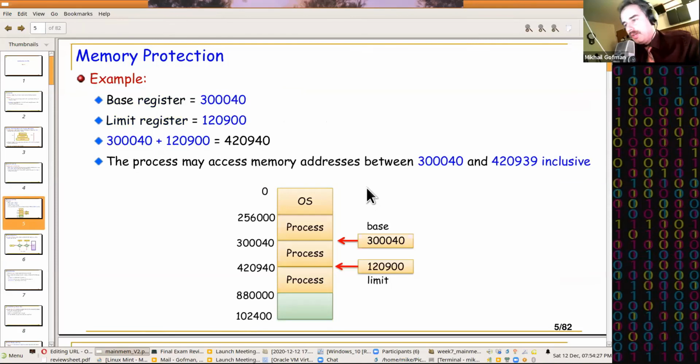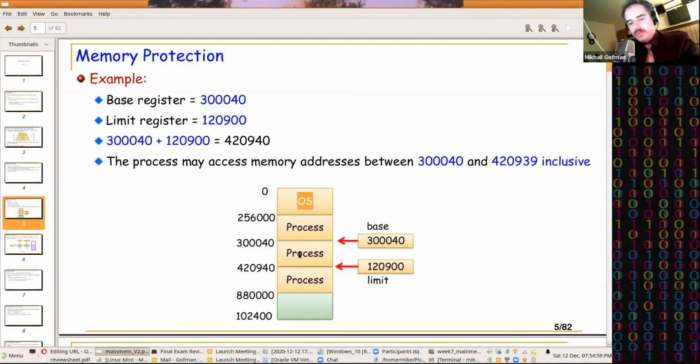So let's say that we got a bunch of processes, and this is how the memory layout looks like. In the first location of memory, we have the operating system, which goes until 255,999, and then at address 256,000, we have another process, and let's say currently the executing process is this one.